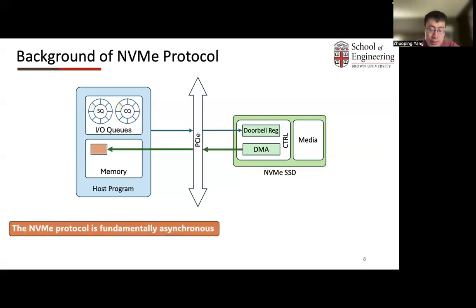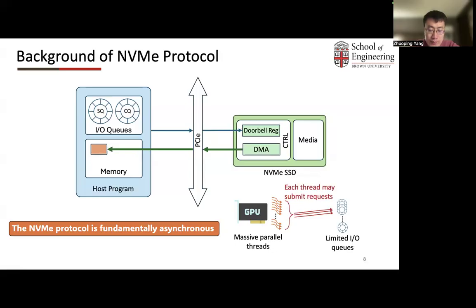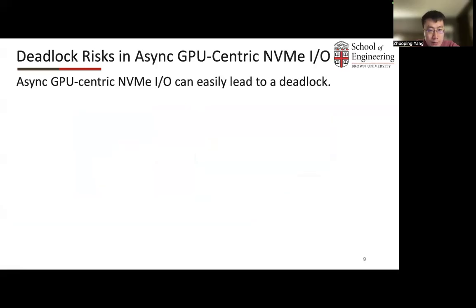In this case, we can say that the NVMe protocol is fundamentally asynchronous. But when it comes to the GPU, the thing is challenging because the GPU has a lot of parallel threads, and each of these threads can issue multiple requests, but the IO queues are relatively limited. So this can lead to a deadlock problem.